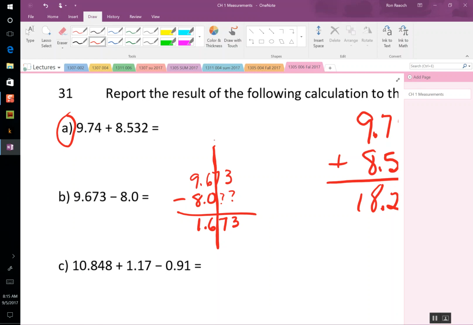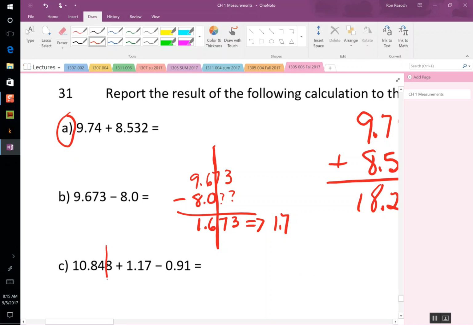So what do we do with the 7? Well, we know that's at least a 7, and 7 is greater than 5, so we will round this off to 1.7, to 2 decimal places. Addition and subtraction are the trickiest ones, and I'm not going to even worry about C. For C, just do it in 2 steps. Do the 10.848 plus 1.17, get your answer, then subtract your 0.91.